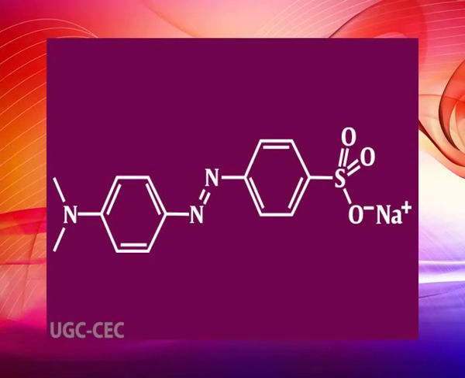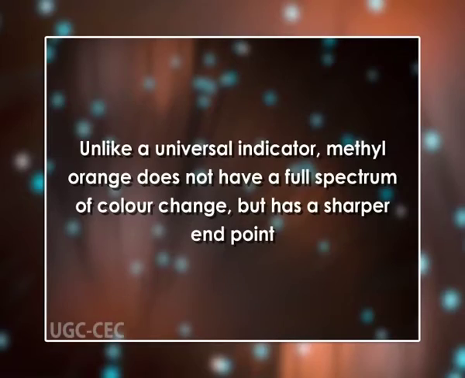Methyl orange is a pH indicator frequently used in titrations because of its clear and distinct color changes. Because it changes color at the pH of a mid-strength acid, it is usually used in titrations for acids. Unlike a universal indicator, methyl orange does not have a full spectrum of color change but has a sharper endpoint.